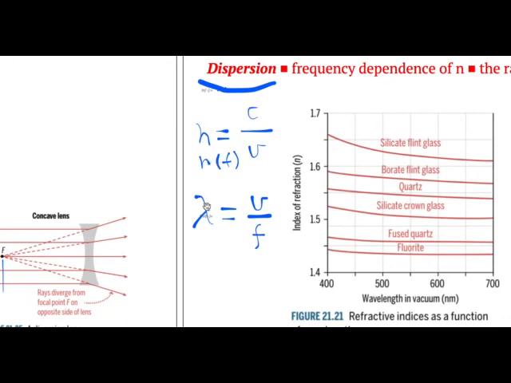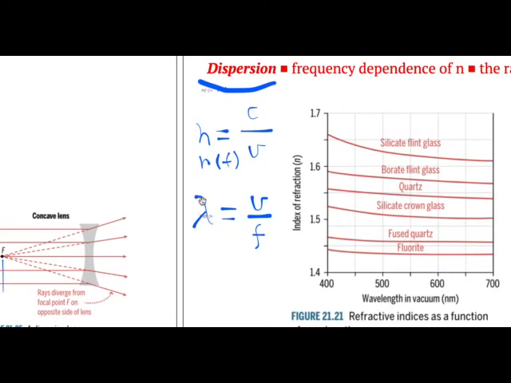And the wavelength of light, different wavelengths correspond to different colors. Unless you're colorblind, but if you're not colorblind, you can perceive different wavelengths as different colors.